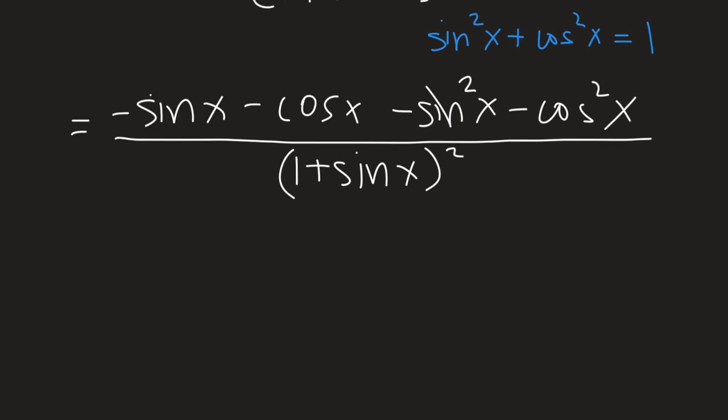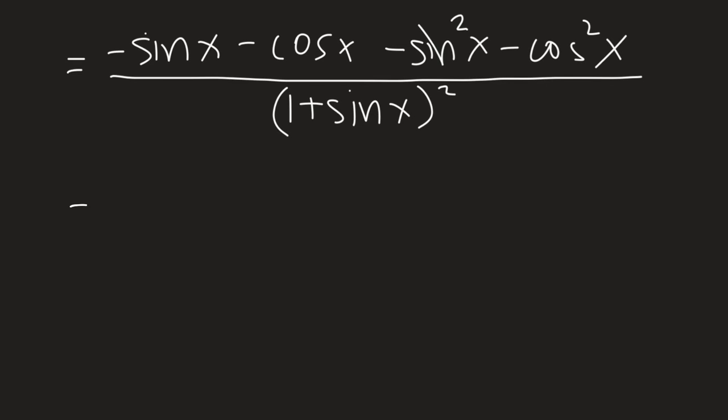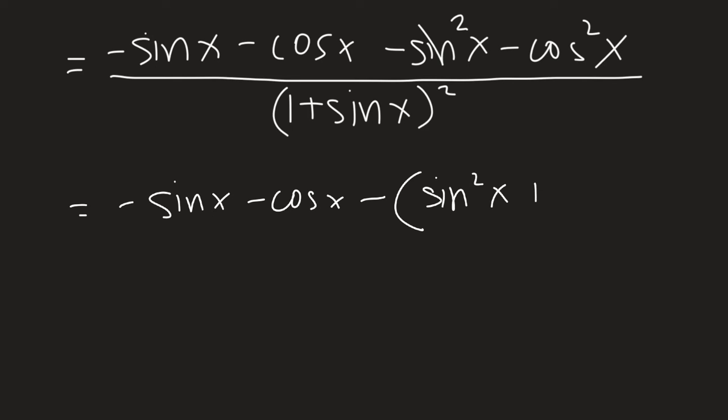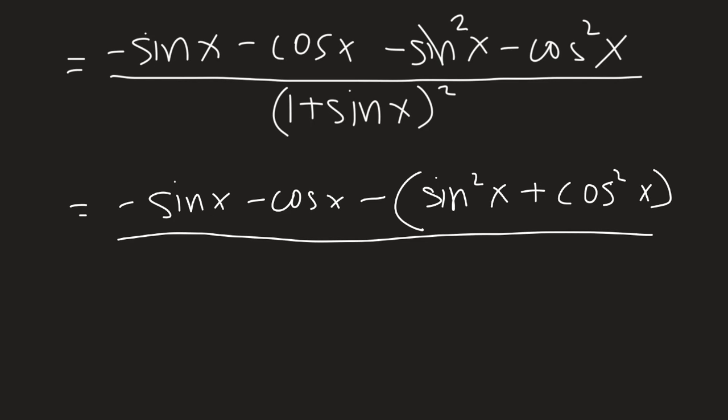So what if I do a little algebra and factor out that negative? I'm going to pull a negative 1 out of sine squared and cosine squared. So now it's sine squared plus cosine squared. That looks better. When they're both negative, I can factor a negative out from both of them.